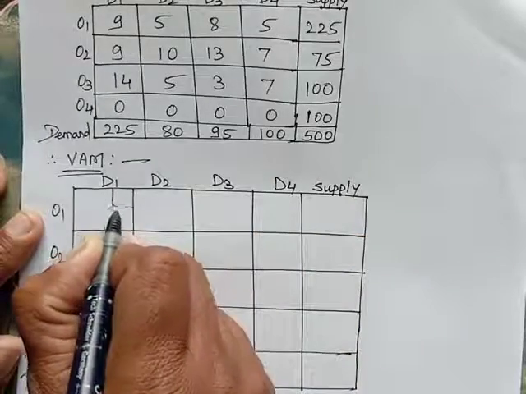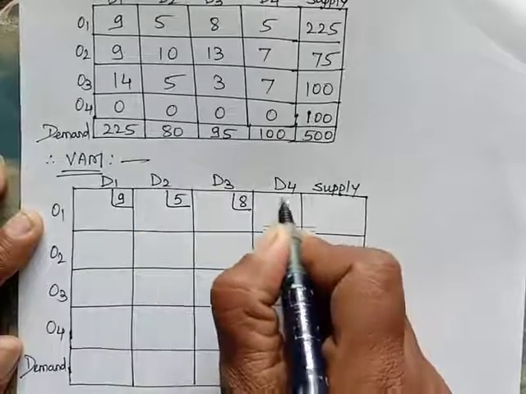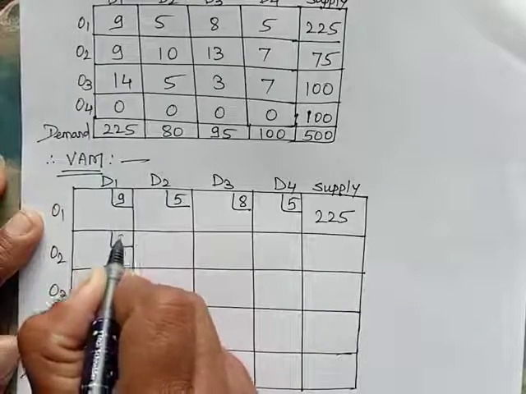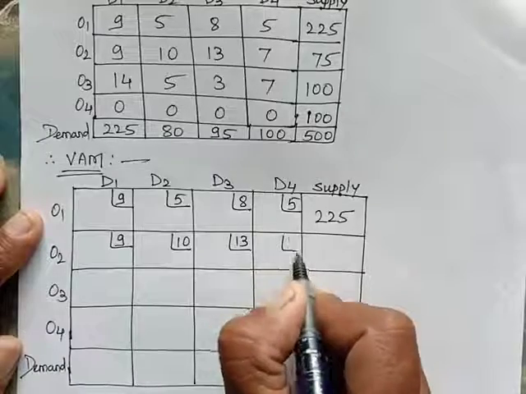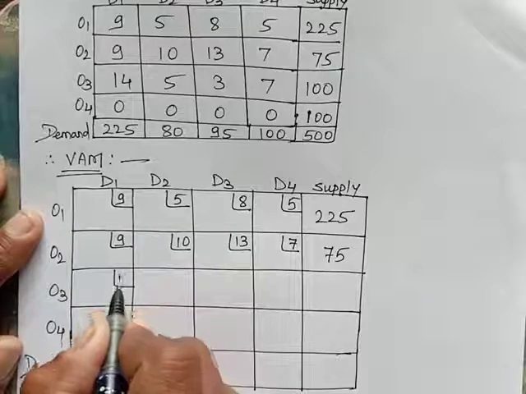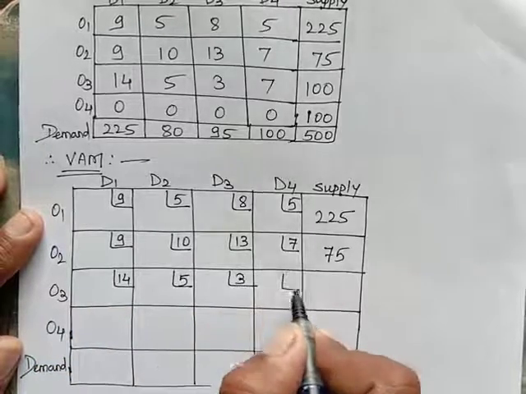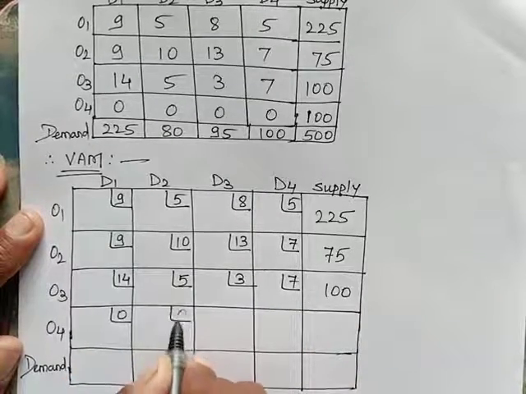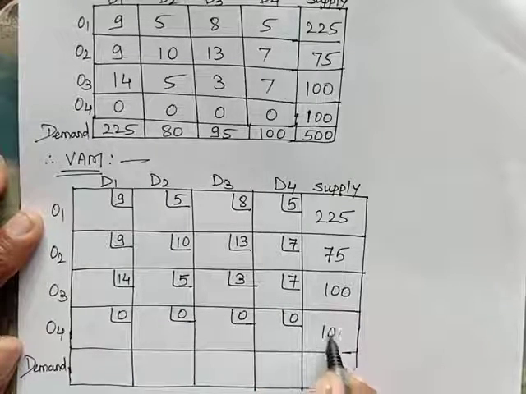Here costs we will write 9, 5, 8, 5, supply is 225, here 9, 10, 13 and 7 and it will be 75, then 14, 5, 3 and 7 and it will be 100, again 0, 0, 0 and 0. Again it is 100.